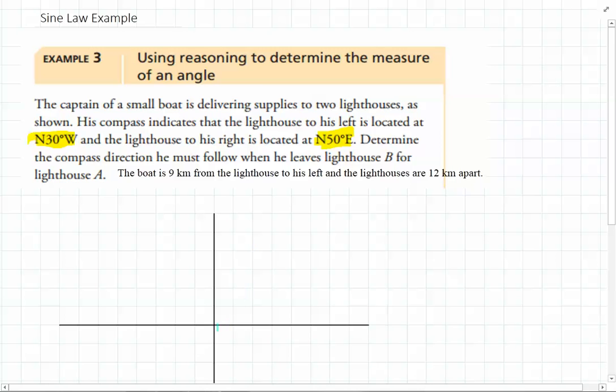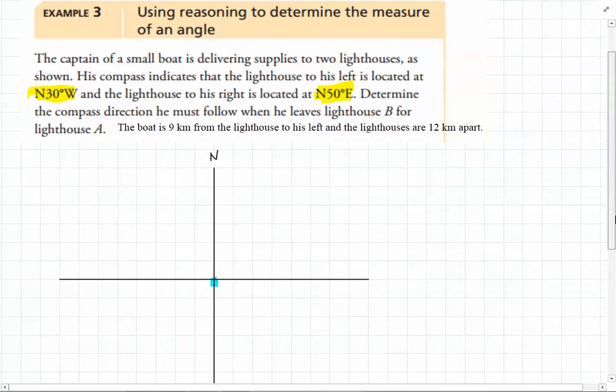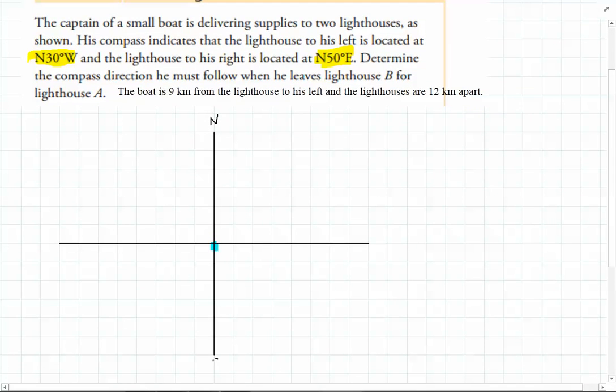So we're going to think of the lighthouse right here. If this is our cardinal directions, this is north, south way down here, east, and west. So lighthouse A is to his left, and this reads north 30 degrees west. That means from the north, we're shifting 30 degrees to the west.